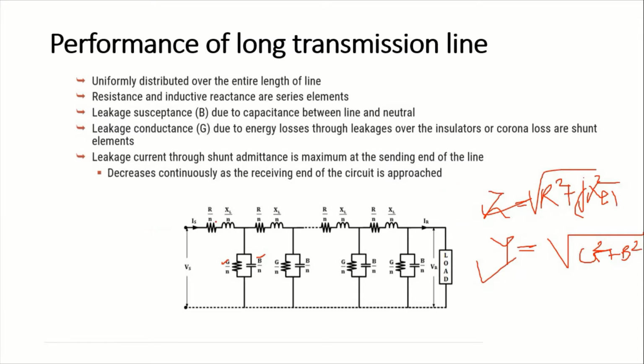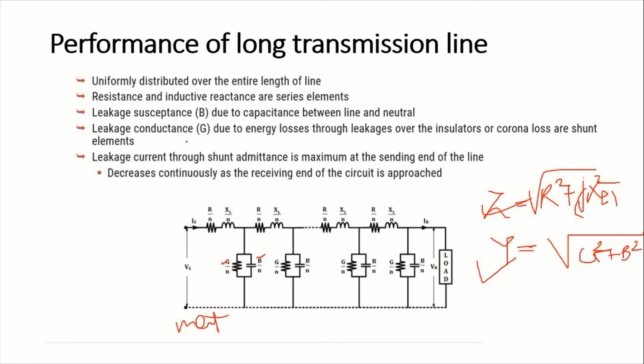Clear? Resistance and inductive reactance are series elements. Conductance and susceptance are shunt elements. Leakage susceptance is present due to the capacitance between the line and this neutral terminal.